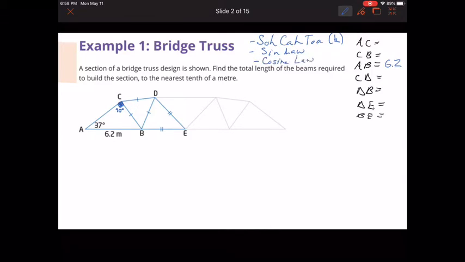And cosine law has an angle formula, and it has a side formula. As long as you remember one of those, you can figure out what the other one is. So we're going to start off by finding two of these lines by just using our trigonometric ratios. So let's label them first.